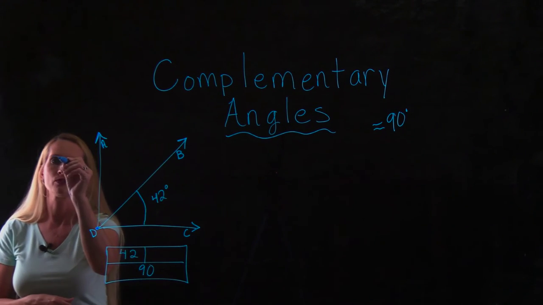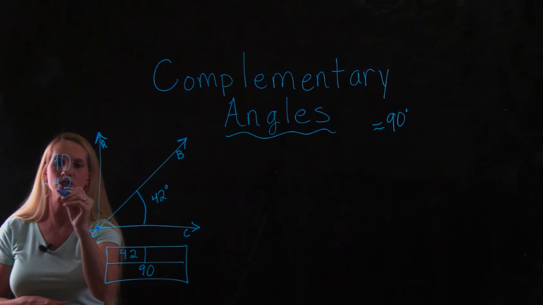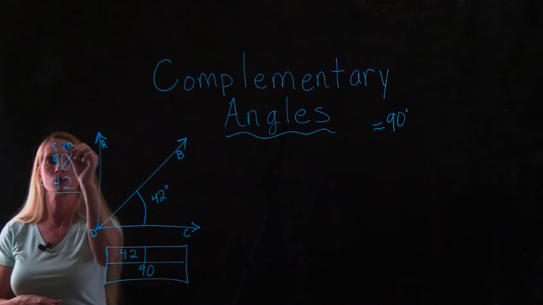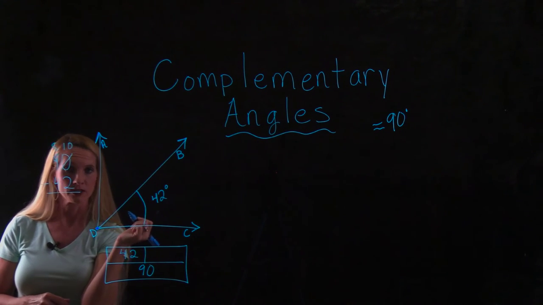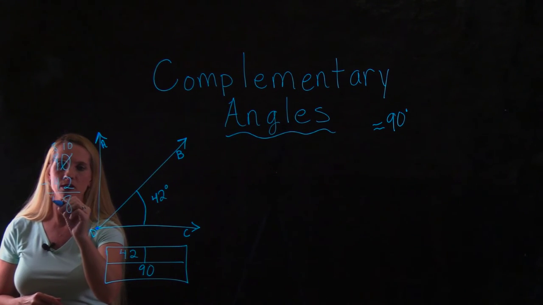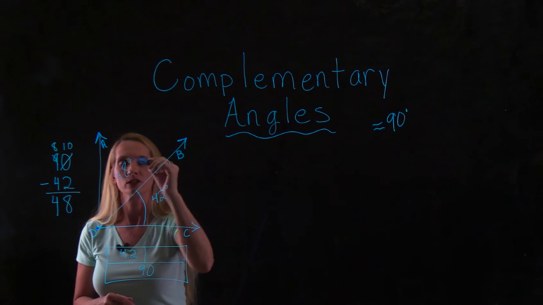So I'm going to come over here and do 90 minus 42. Borrow from next door. 0 becomes a 10. 10 minus 2 is 8. 8 minus 4 is 4. So we know this angle is 48 degrees.